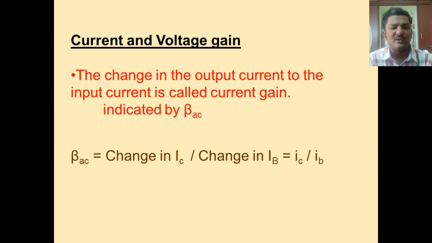So beta equal to change in collector current by change in base current. For AC, beta equal to delta IC by delta IB. For direct current, beta equal to IC by IB. This is current gain, and the value of beta ranges from 20 to 500. Already you know that.